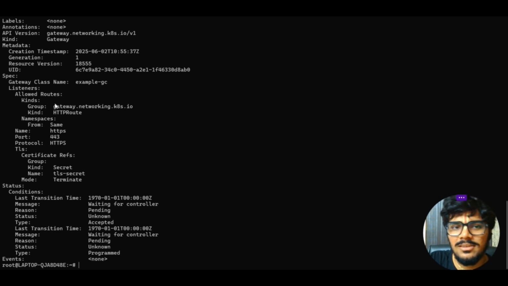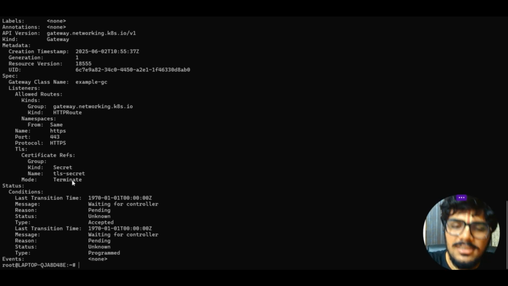Listeners, allowed routes, group is gateway.networking.kubernetes.io. It's all the same. The only other thing is the secret, so I have also attached TLS certificates along with my gateway file. TLS certificate refs have a certain group and a different kind. There is Secret. I also posted a secret in this particular file, so that's why it's showing Secret. Then the name, TLS secret, and the mode is Terminate.